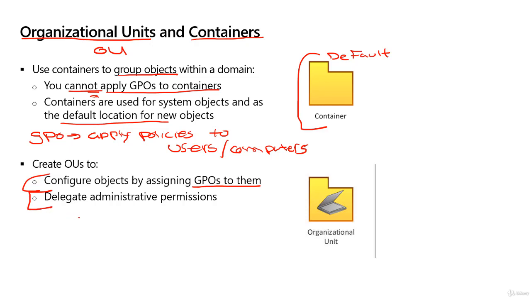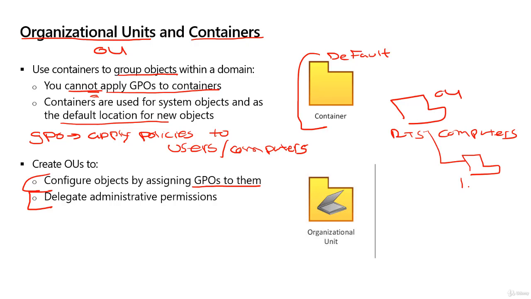Now, one way to think of this, let's say you have an organizational unit. So I'm going to call it an OU, and you name this OU RTS Computers. You can create a child OU under this, named Laptops.